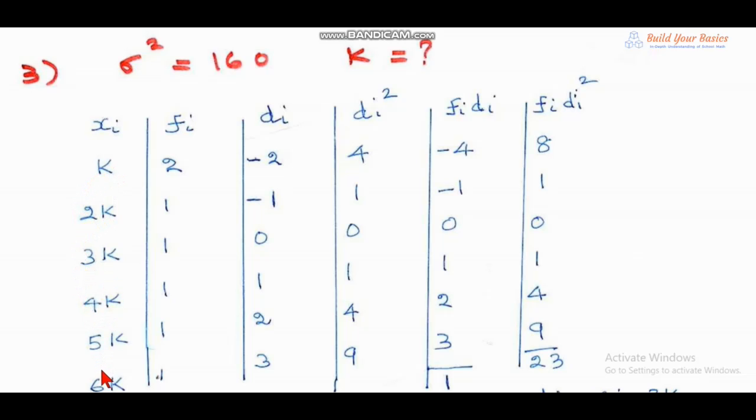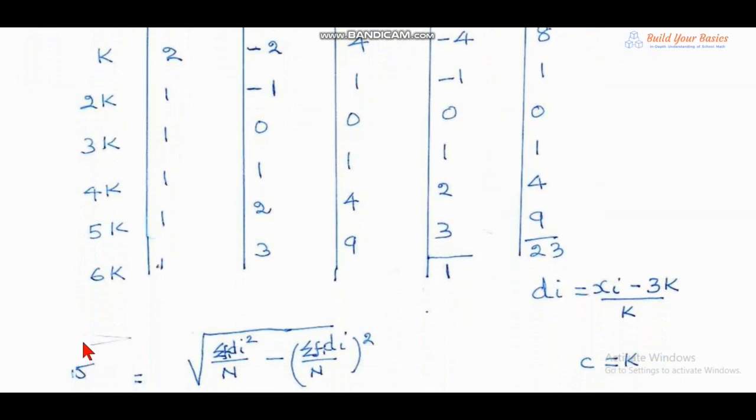So C, the step, equal to k. So sigma equal to C into square root of sigma fi di squared by n minus sigma fi di by n the whole square. So di equal to xi minus 3k whole divided by k, I take 3k as the assumed mean. In this working, C the step is k.